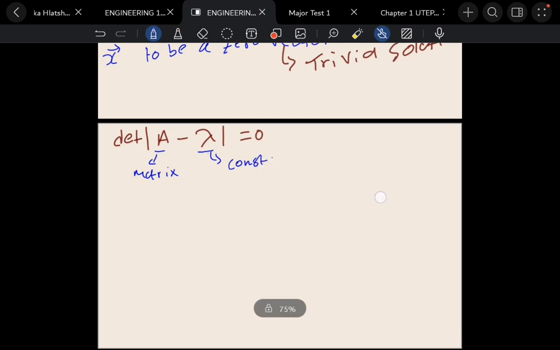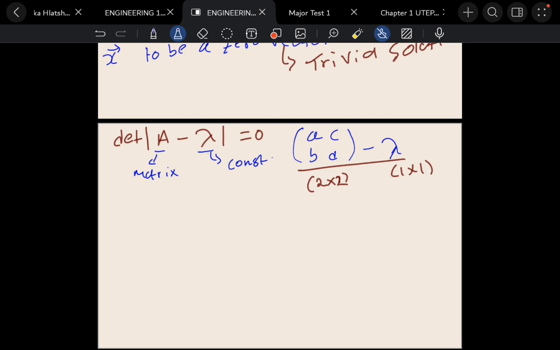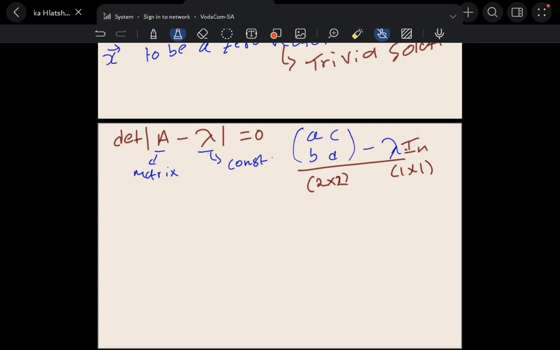So in this case, you have a matrix A like a, b, c, and d minus lambda. You cannot subtract these two things here because they have different orders. A is a 2 by 2, and lambda is a 1 by 1, so you cannot add them. But what we can do, we need to multiply this thing here by an identity matrix to add it.